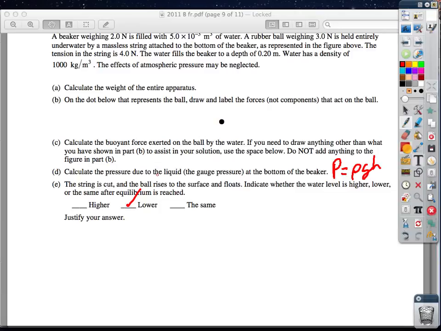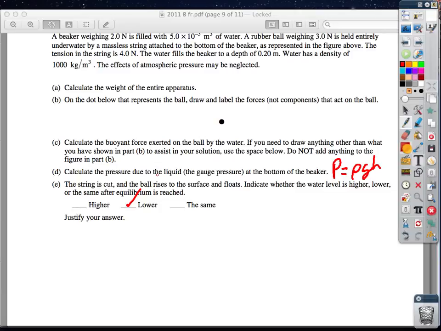It does have a weight. I mean, the density of the ball or the volume of the ball. If we know the weight of the ball, we know the buoyant force and we know the mass of the ball, so we can actually find the volume. No, it'll break the surface.